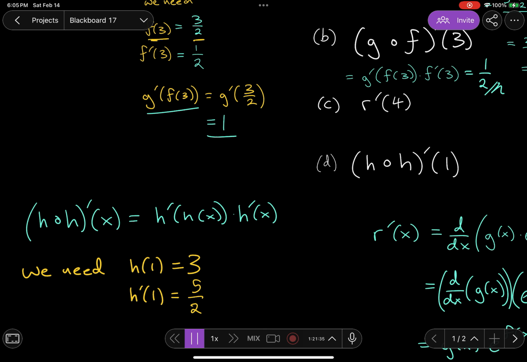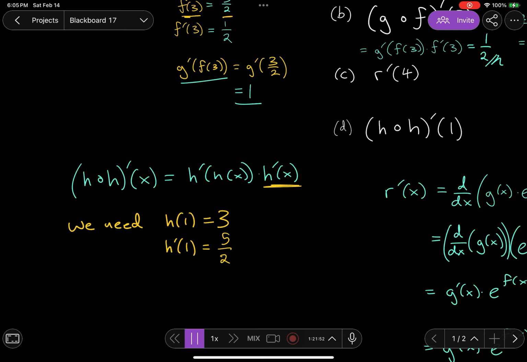Okay, but what I need is h prime of 3. So in order to do this, I have this piece right here when I plug 1 in. What I need is h prime of 3, because what I have is, so h of h prime of 1 is going to equal h prime of h of 1 times h prime of 1.